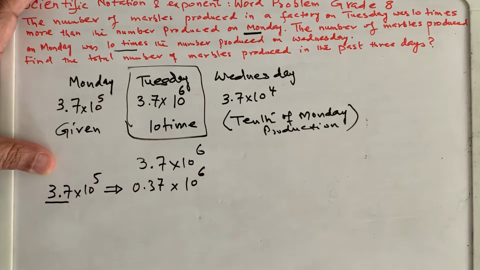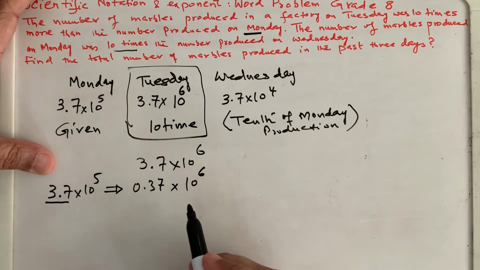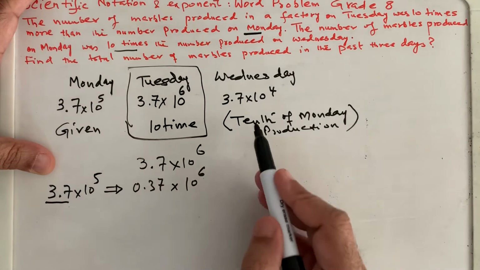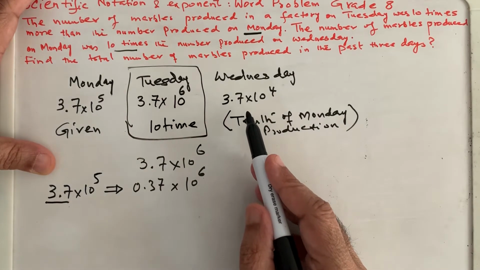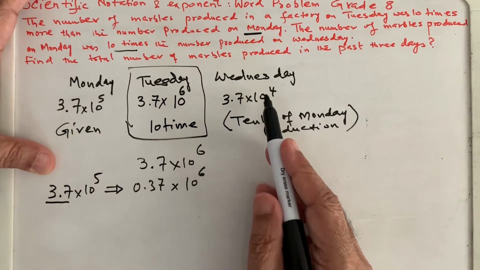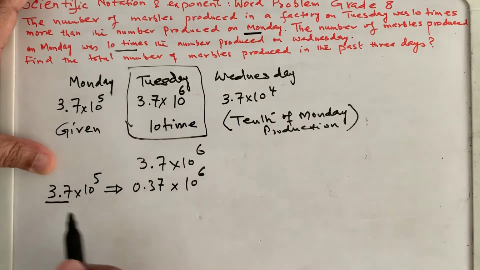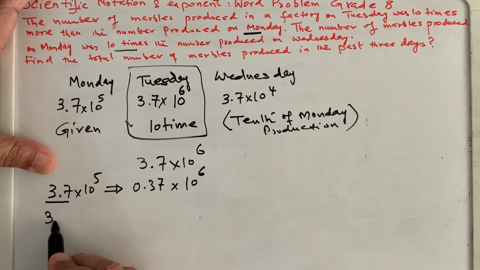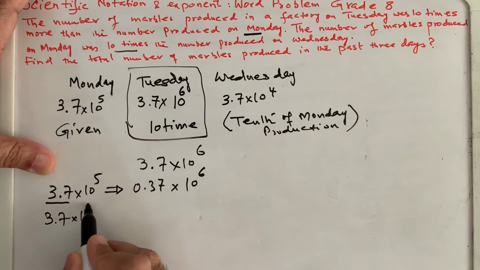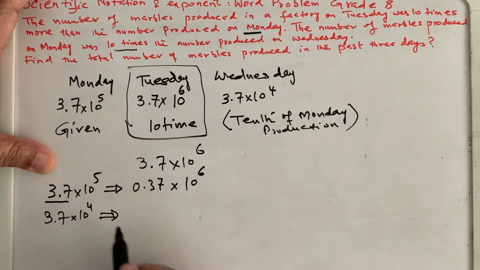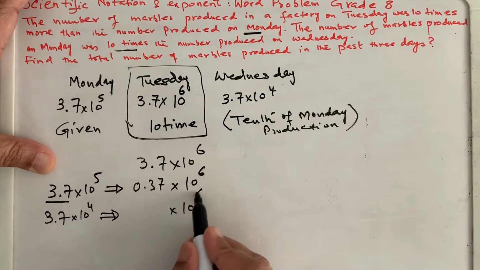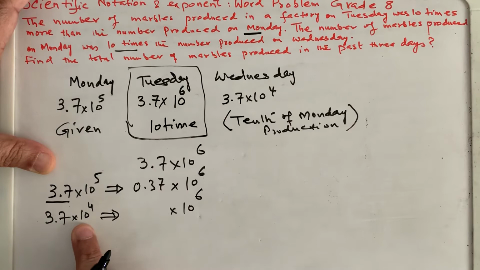And then I have to deal with this one, 3.7 into 10 to the power 4. Now I have to change this, right? My Wednesday production is 3.7 into 10 to the power 4. I want to write this with exponent 10 to the power 6, so I increase 2 zeros, right?